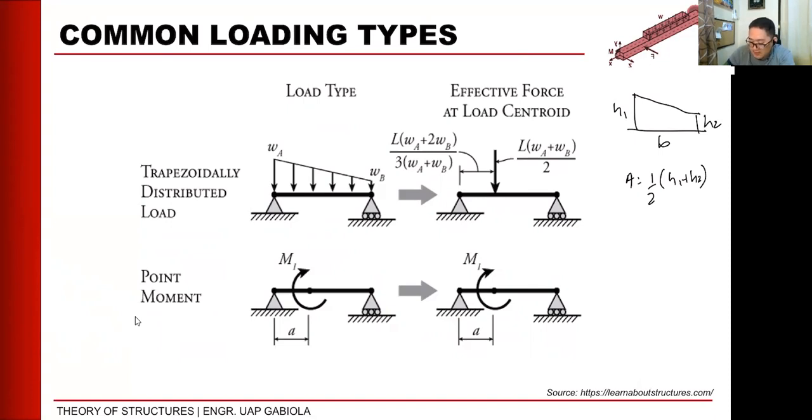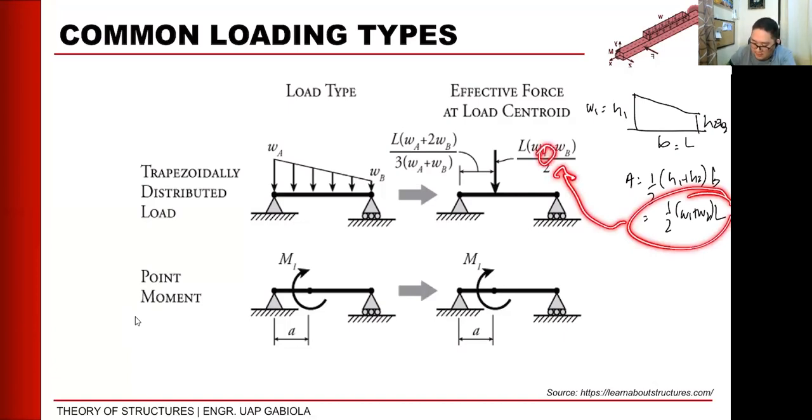Kasi ang definition ng trapezoid is may parallel base, pero parang inorient lang natin ng iba ng 90 degrees yung trapezoid natin. For dito, ibig sabihin nito is W1, W2, ito yung length natin. So 1/2 W1 plus W2 times yung length natin, which is equivalent nito. Okay? So WA, WB ibig sabihin yung value lang niya dito at point A at point B.